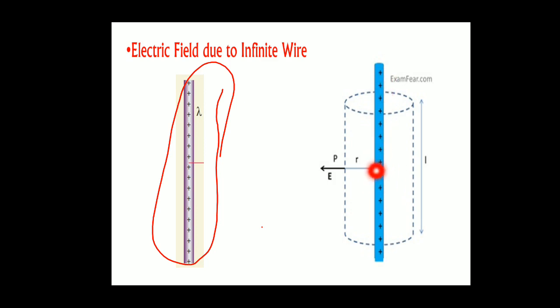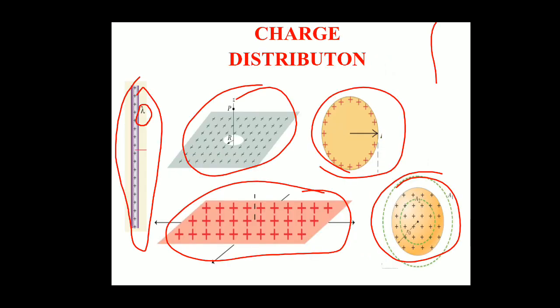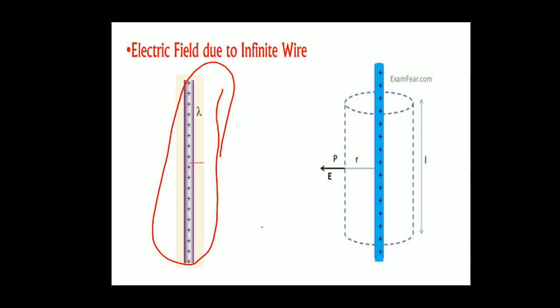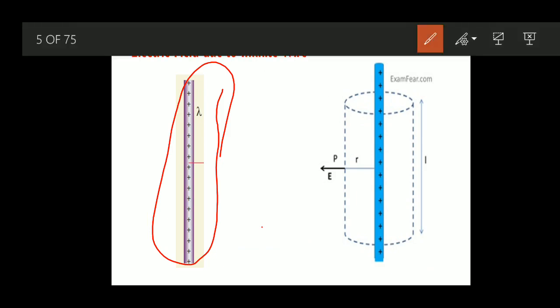Now I want to find the expression for the electric field due to this wire. That is my only aim: electric field due to an infinite wire. In my case I have taken an infinitely long wire. But where do we find the electric field?